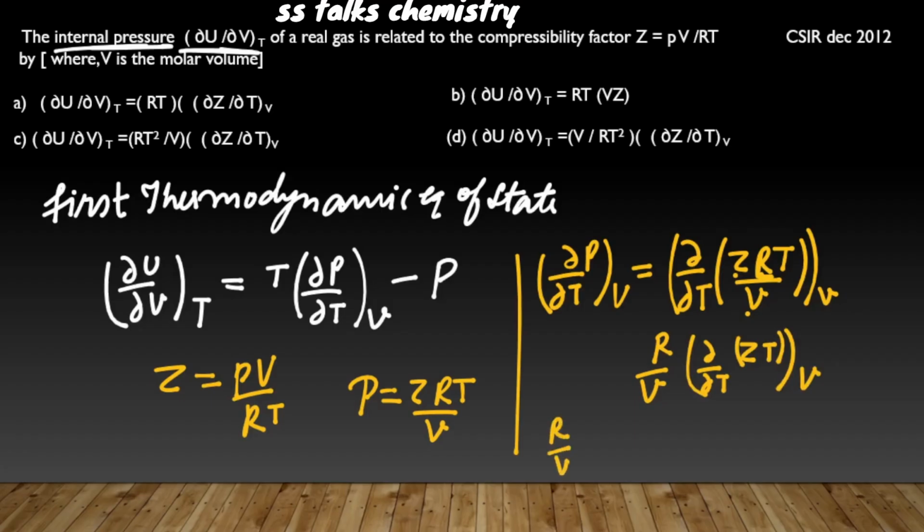So it will be R by V. Keeping the first function as it is, differentiation of the second: del by del T of temperature T only will be unity, plus T, keeping the temperature as it is, second function as it is, differentiation of the first, which is del Z by del T at constant volume. This is going to be the value of del P by del T at constant volume.